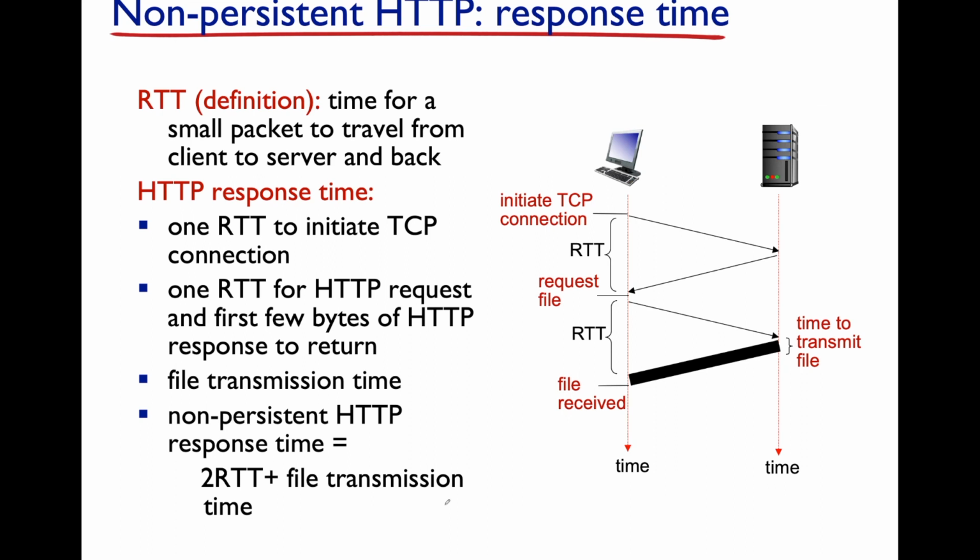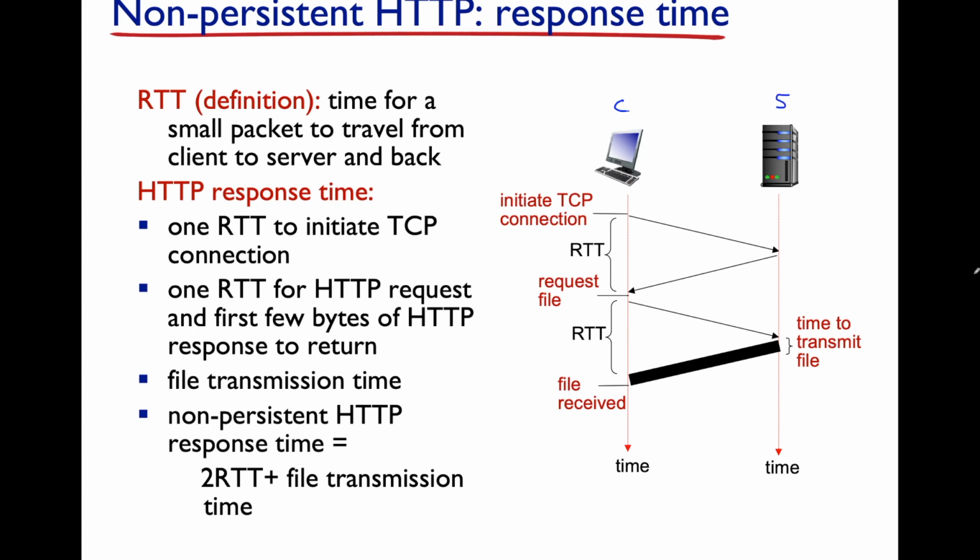So let's take a look at non-persistent HTTP response time. And let's introduce a little bit more definition so we all know what we're talking about and use well-accepted terms in the literature. Let's define RTT, or round-trip time, to be the time it takes for a negligibly small packet to travel from the client, and here's the client, this column in our protocol diagram. Here's the server on the right-hand column.